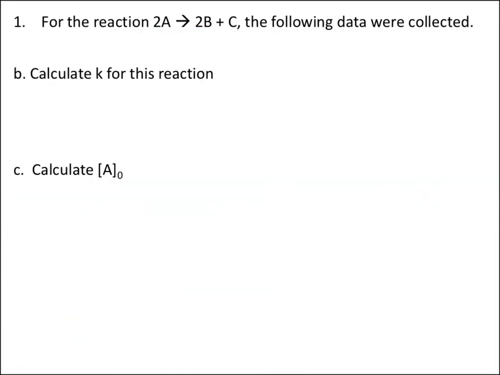Now we want to calculate k, which is the rate constant, and we want to calculate the initial concentration. If we look at my equation, I've got the natural log of A at some given time equals negative kt plus the natural log of A initially.